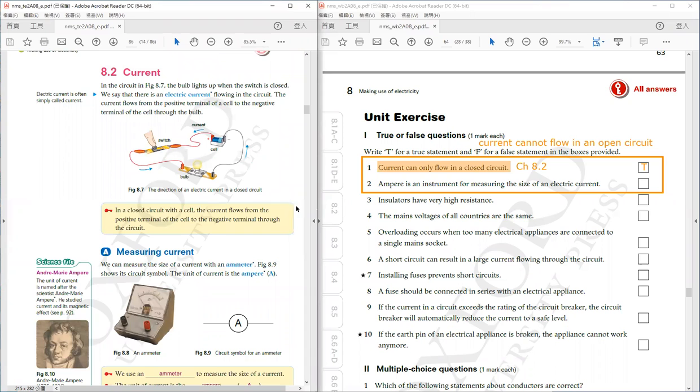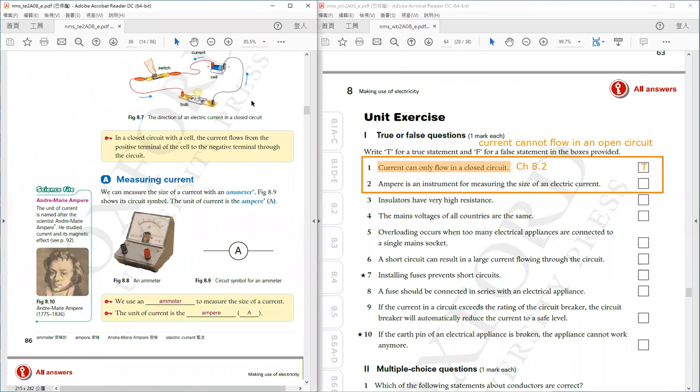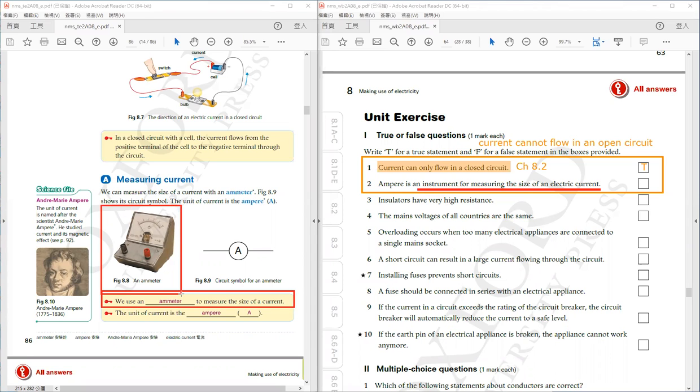Okay, this is current. The instrument to measure the size of electric current is called an ammeter. It looks like this. This is the appearance of an ammeter.